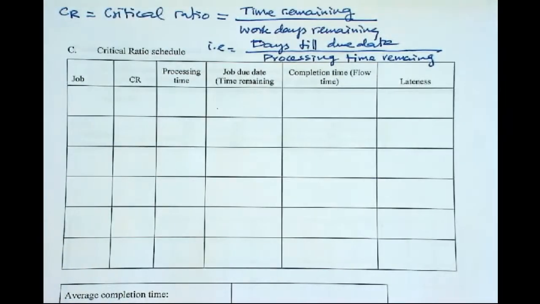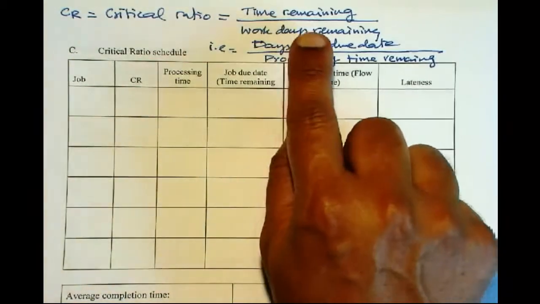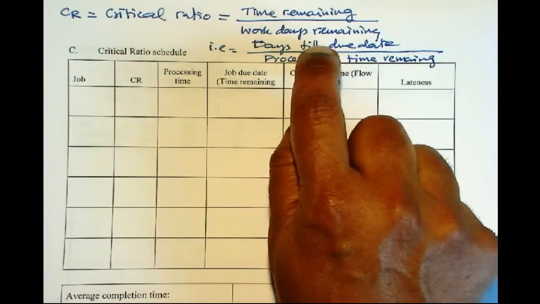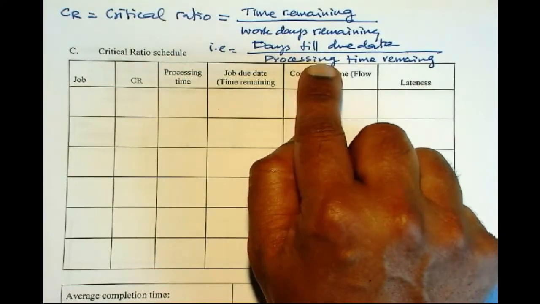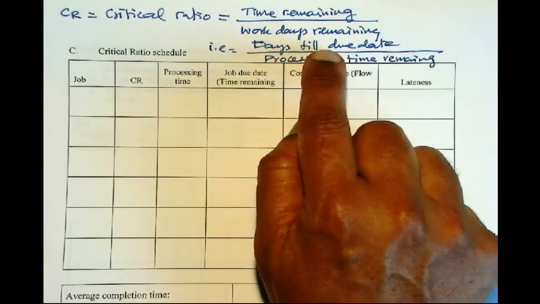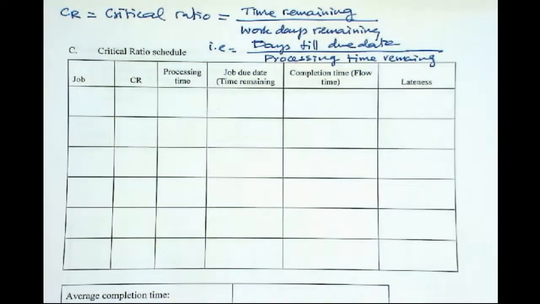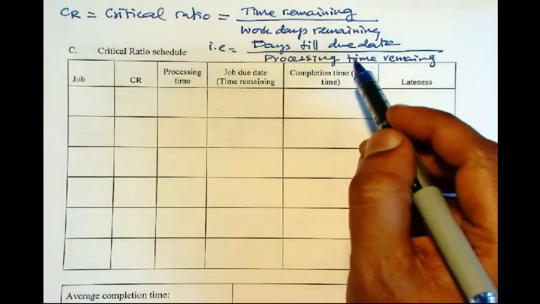So let's take a look at what the CR means for just a second. If you have more work than the amount of time available, suppose the due date is 10 days, but the amount of processing time needed is 20 days, then this will be 10 over 20, you will get 0.5.